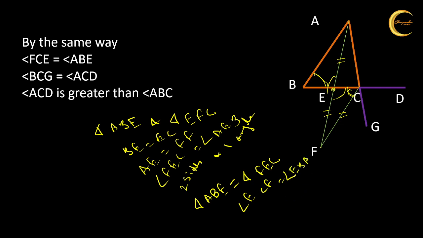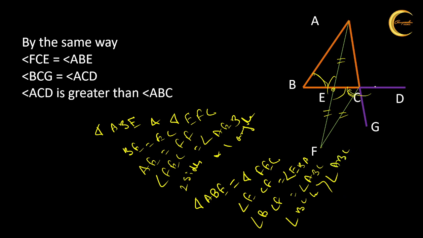Now we can say this is ABC and this is the total BCF. So angle BCF equals angle ABC. So this angle BCG is greater than angle ABC.